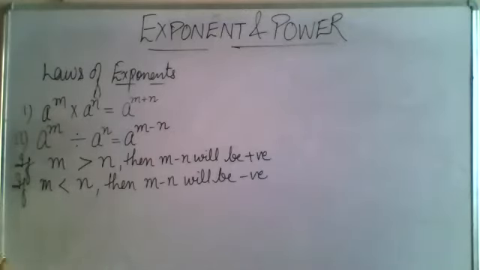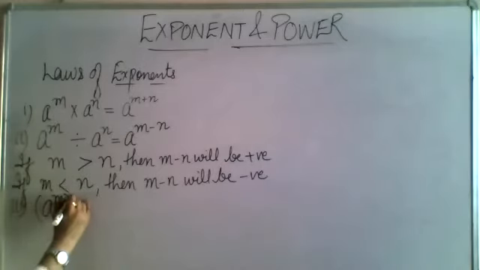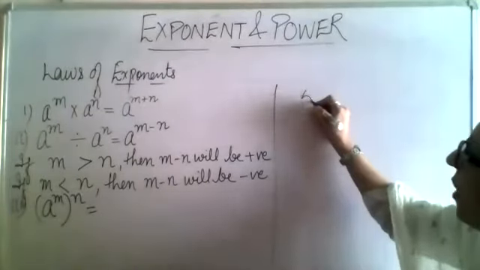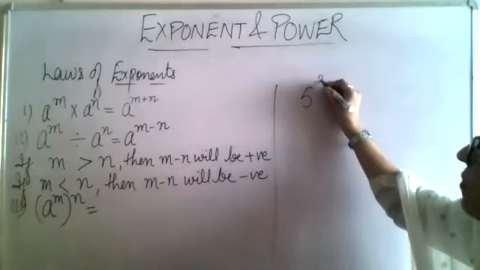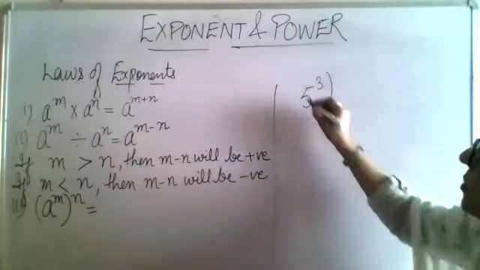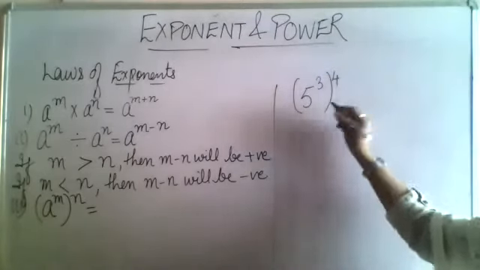Let's take another rule. If the base has a power and outside there is another power, what will be its answer? Let's do it again using examples. 5 raised to power 3, and outside we can write power 4.